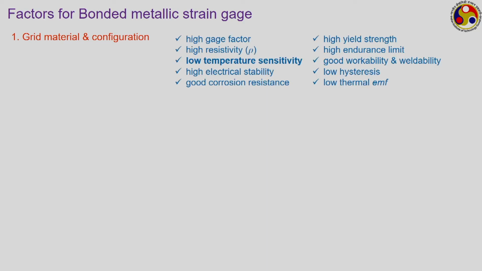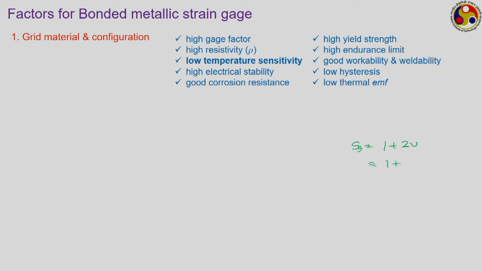Grid material: these are the desirable properties of the grid material. We always want a high gauge factor, and we want the resistivity to be high. For most of the common materials, the resistivity does not change that much with the strain, thereby the gauge factor Sg comes out to be 1 plus 2 nu, and ideally nu is 0.5.